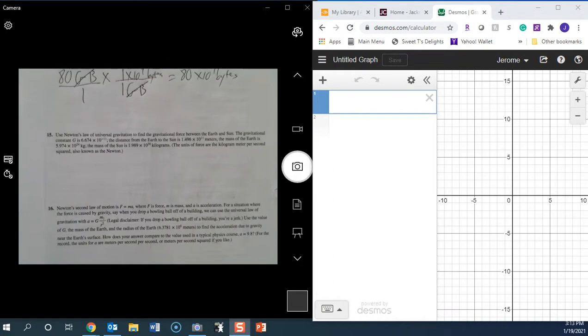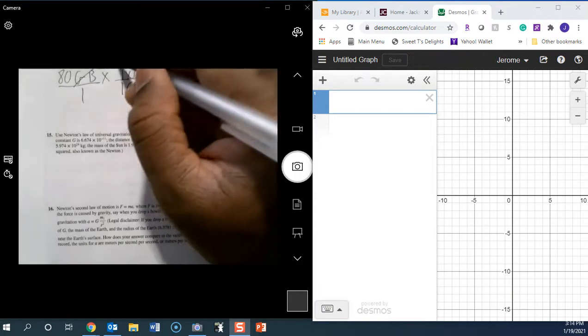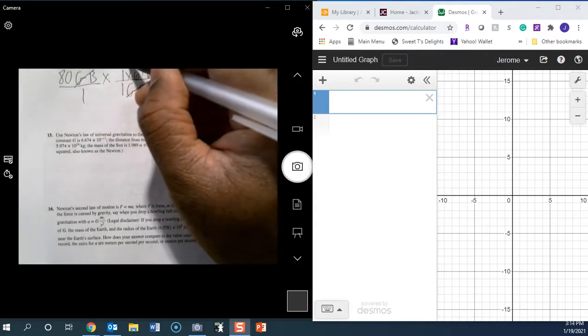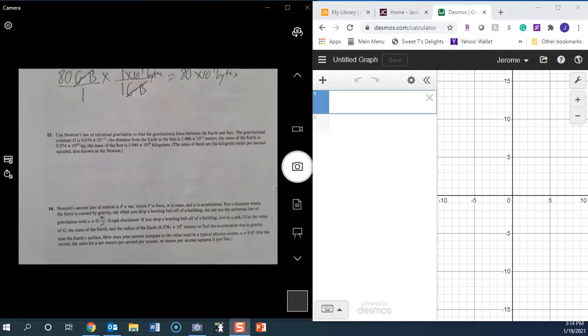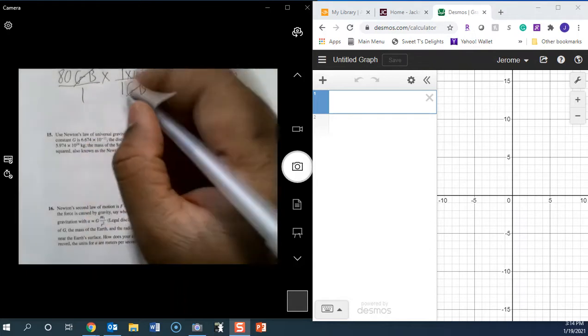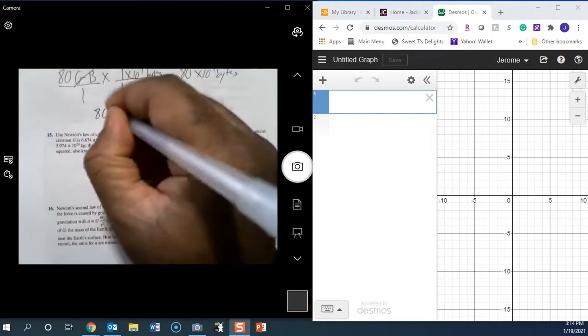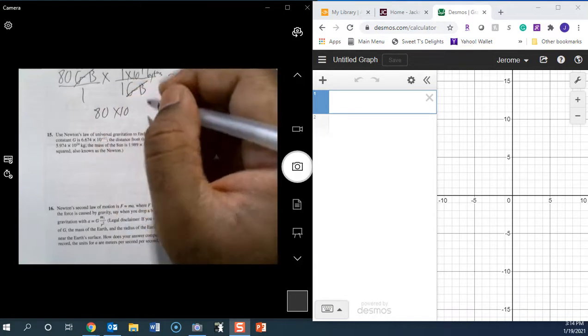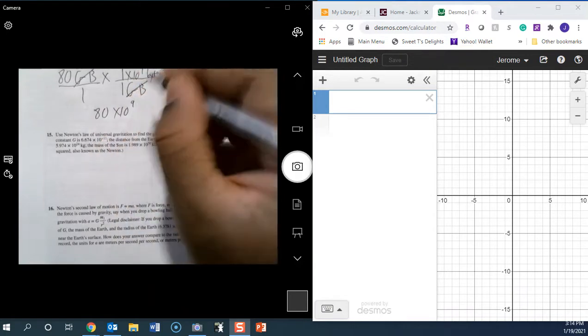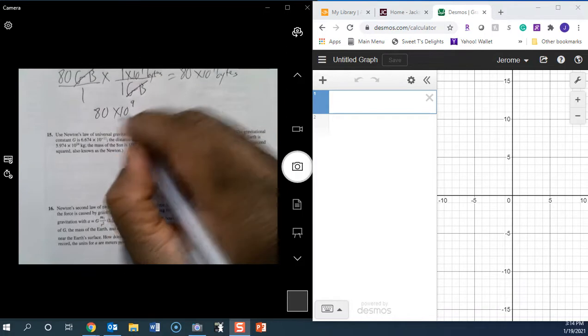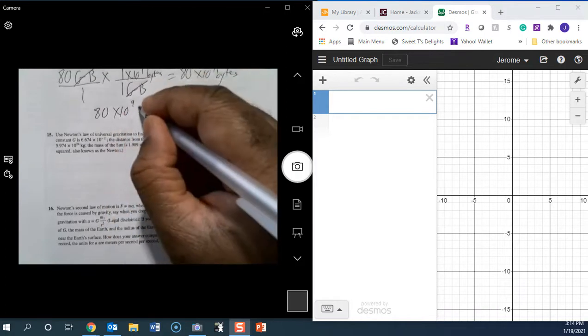Now, they want to know how many songs we could get on this iPod. They tell us a typical MP3 file fills up this much disk space. So we would take our 80 times 10 to the 9th, and we're going to convert this to scientific notation.